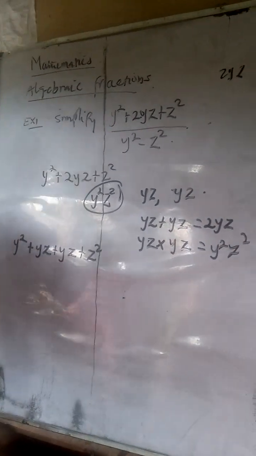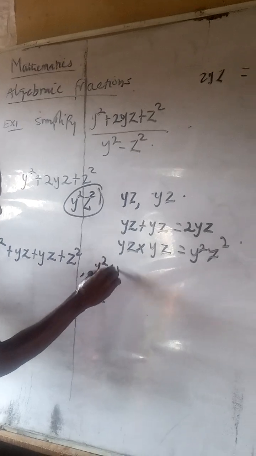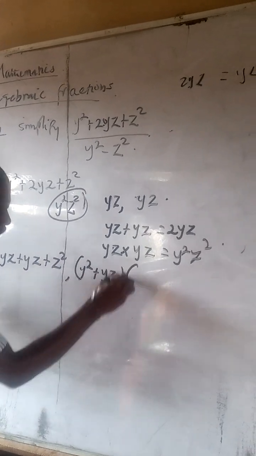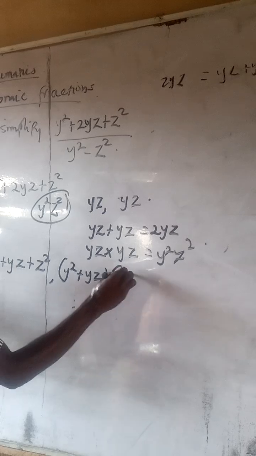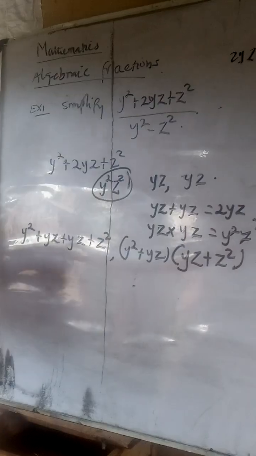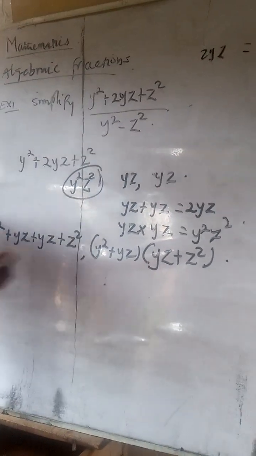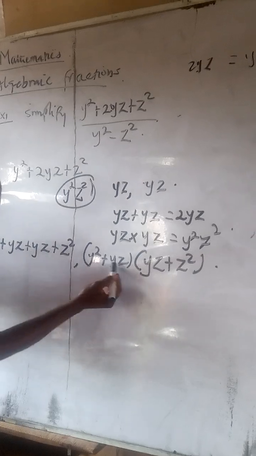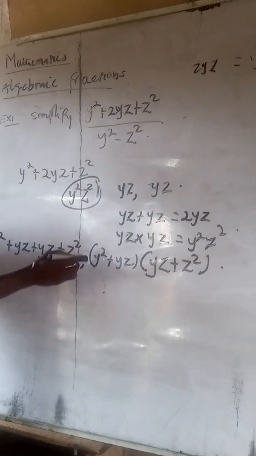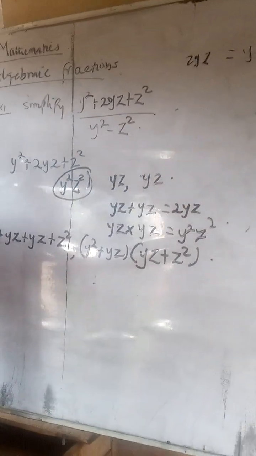Now, at this point, try to group your equation into two parts, so that the first part will be y squared plus yz, and the second part will be yz plus z squared. Then try to factorize. What do I mean by factorize? Remove what is common between the two terms.